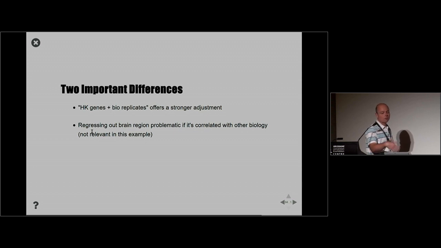Whereas the RUV method, even if you have correlation between the unwanted and the wanted, will only remove the unwanted. Okay, so that's the difference there.